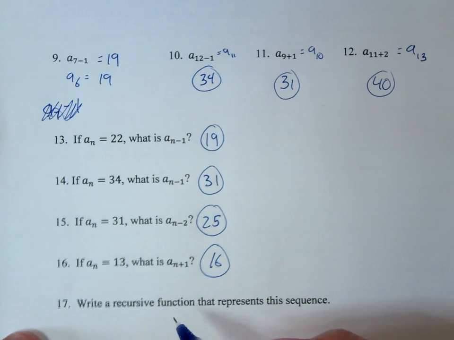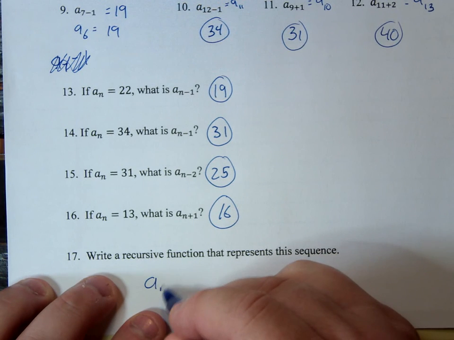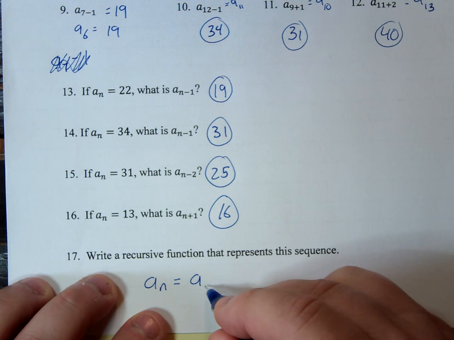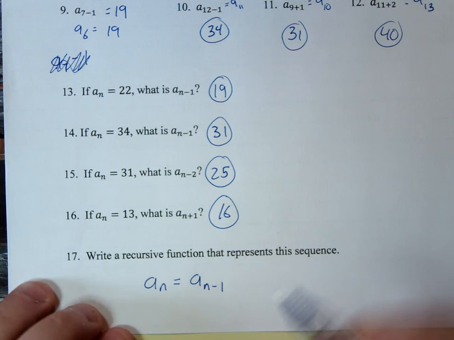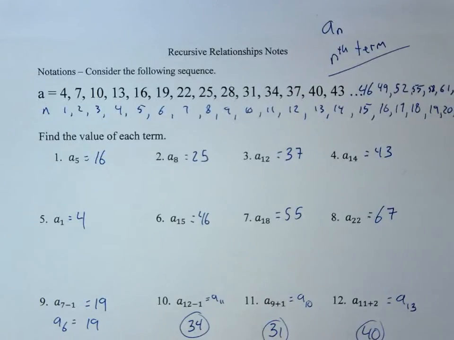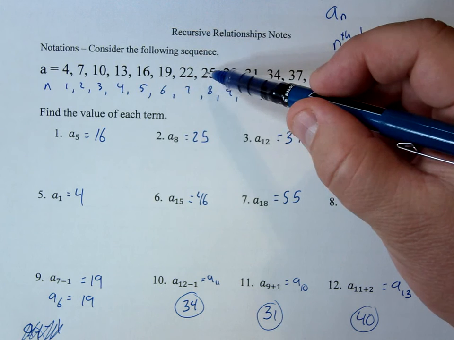And how we write that is, any term a sub n we have is going to be the term before it. So a recursive function is always going to relate any term that you want to the term before it, and then what's happening each time. So in other words, if a sub n is 25, what did we do to the term before it to get that answer, the 22?